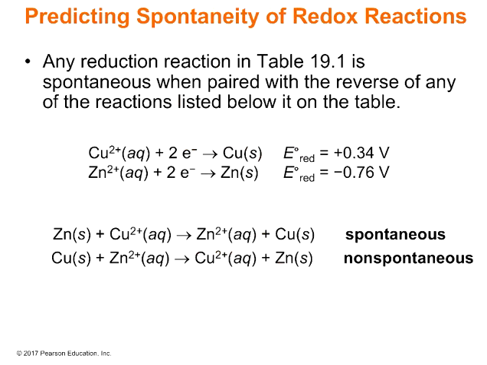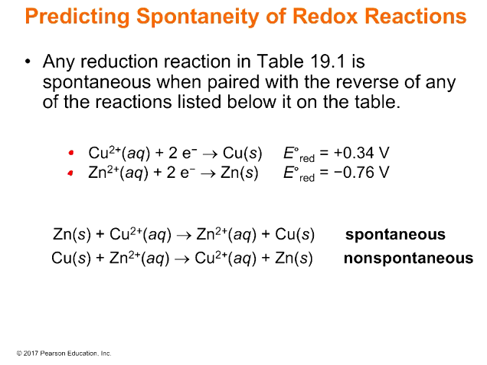So in this example, we have two half reactions where copper is gaining electrons and zinc is gaining electrons. So two ions are becoming neutral atoms here. Now the potential value for copper's reduction is positive 0.34 volts. And the potential for the reduction of zinc is negative 0.76 volts. So how do we figure out what's spontaneous and what's not spontaneous?